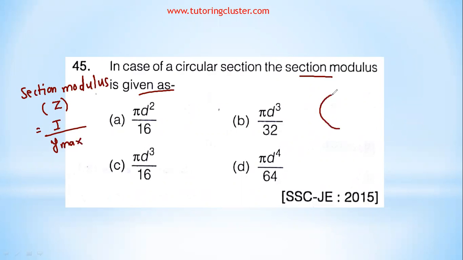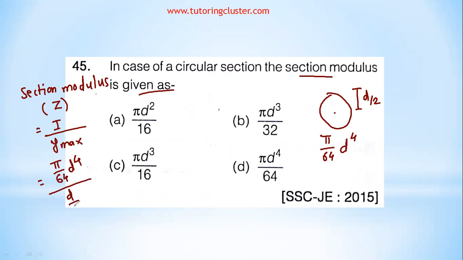If it's a circular section, what is Y max? Y max is D by 2. Now, what is I for such case? Pi by 64 d to the power 4, divided by d by 2. So how much you will get? You will get pi by 32 d cube.